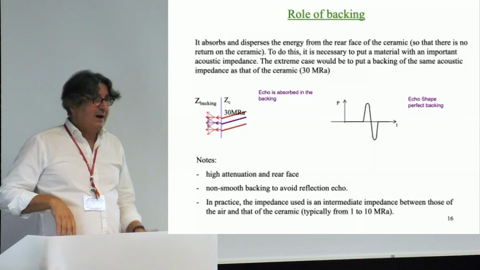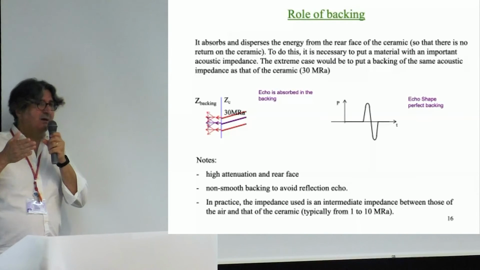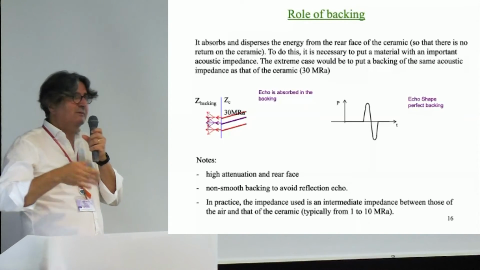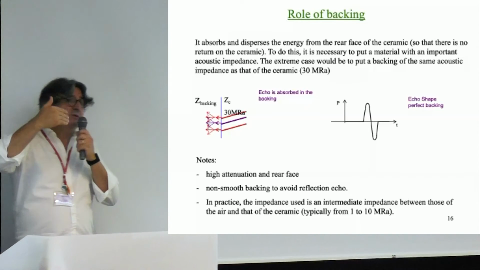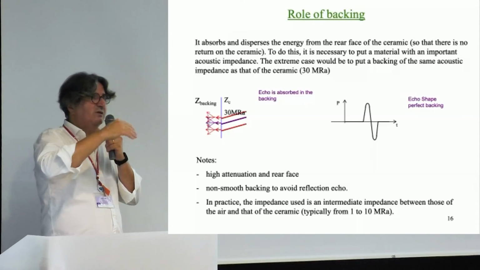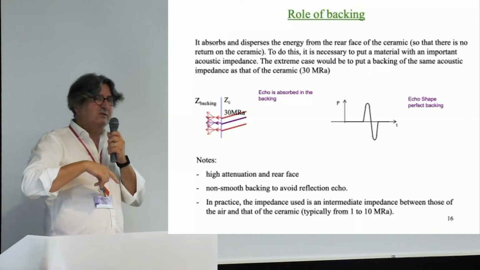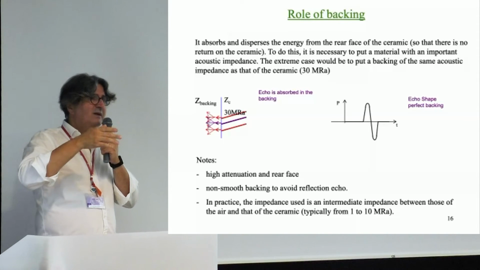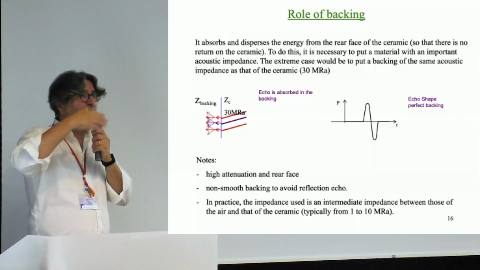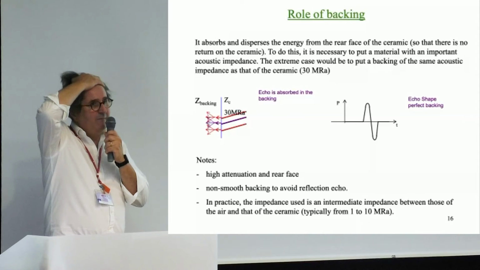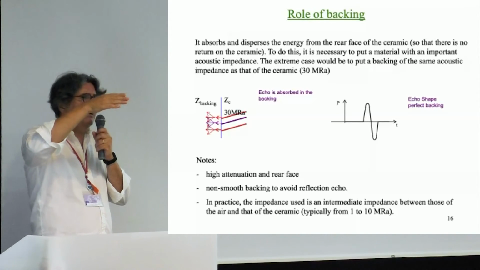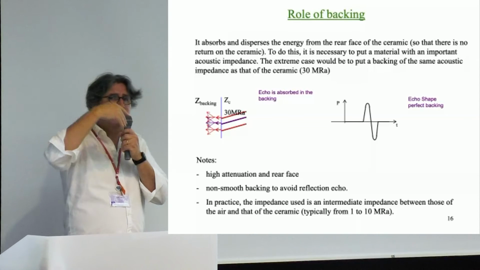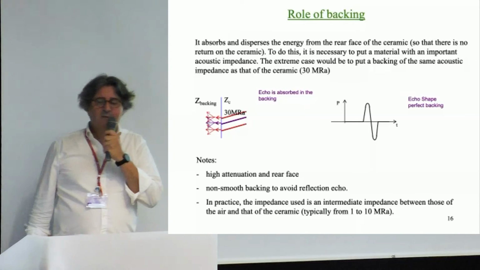Now, I will explain the role of the backing, to try to reduce the time duration. So, of course, it has to absorb the energy. So let's say, for instance, you have a polymer matrix and you have a grain or a metal polymer composite that is used as a backing material.